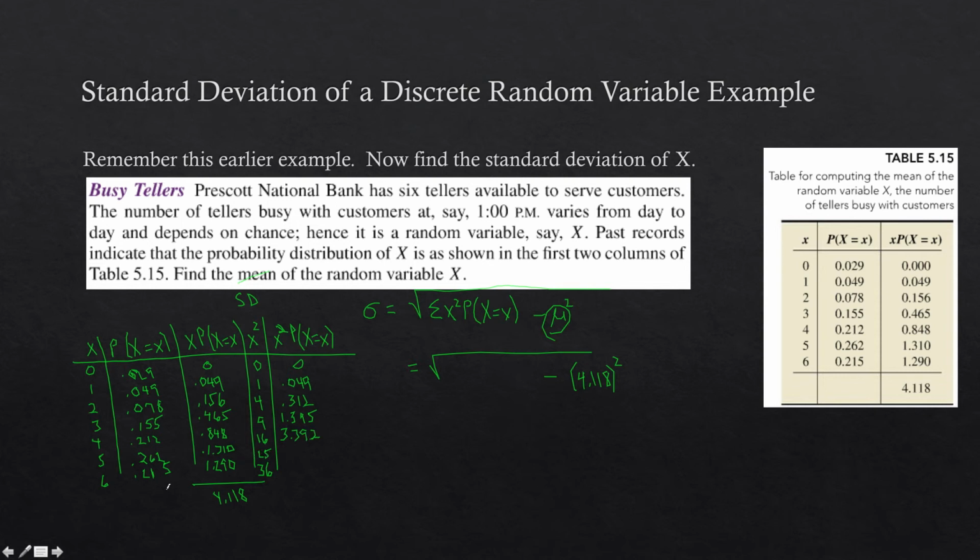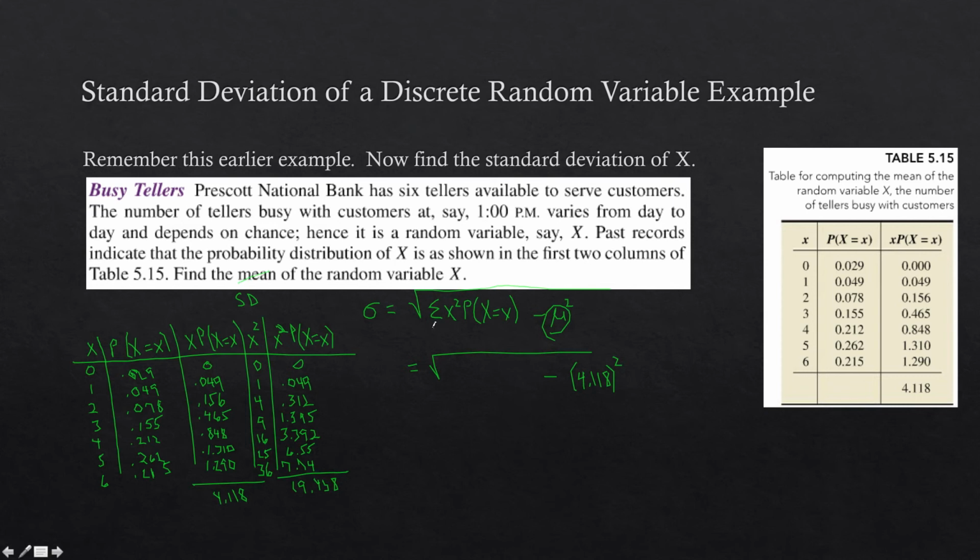25 times 0.262 is 6.55. And 36 times 0.215 is 7.74. So that's going to give us 19.438 when you add that.